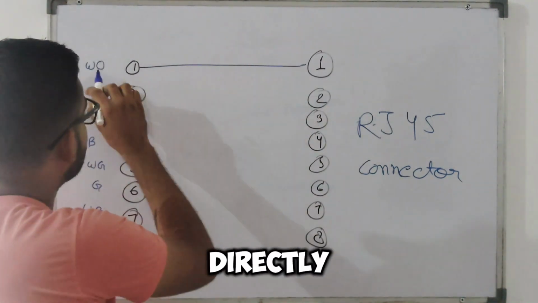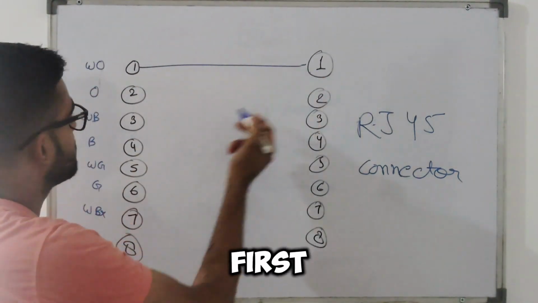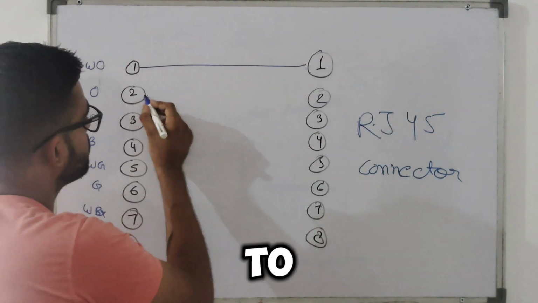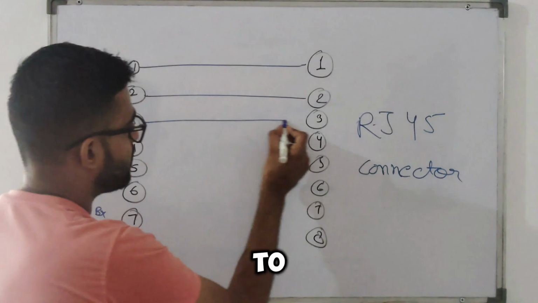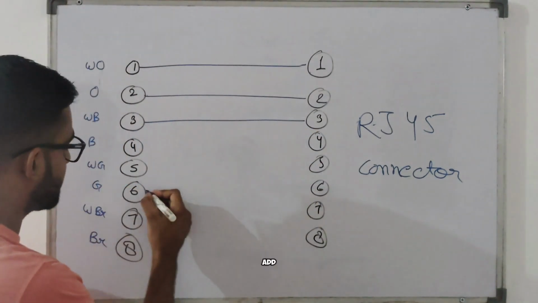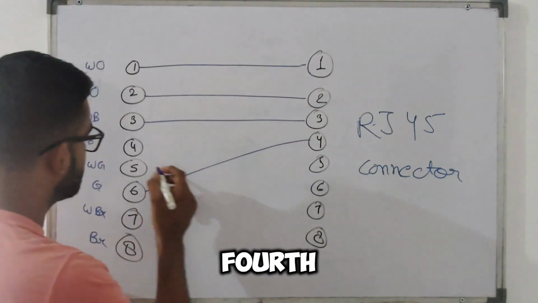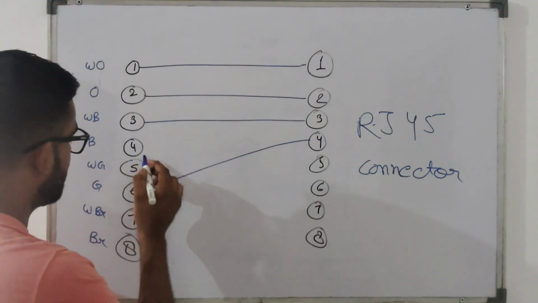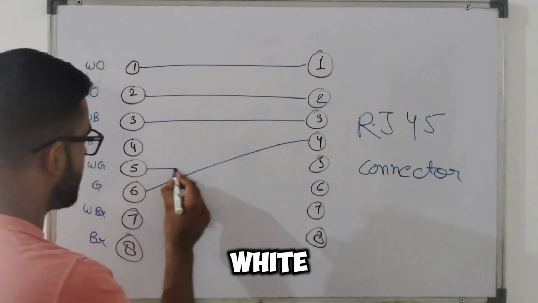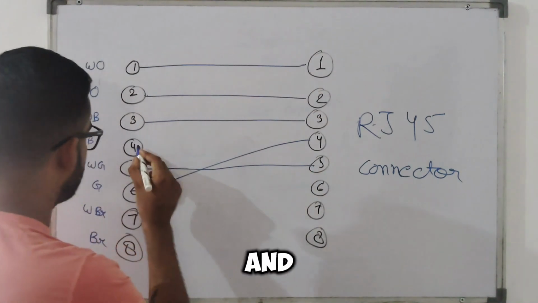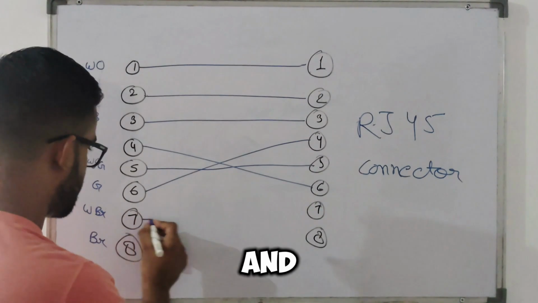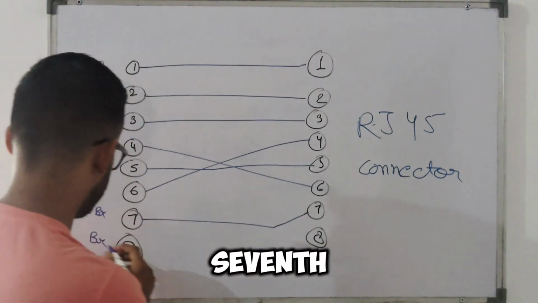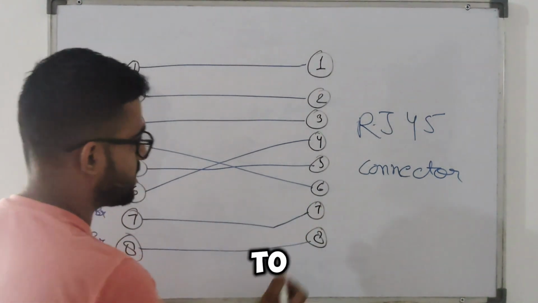When you connect directly, orange to the first, orange to the second, white blue to white blue, and after that green to the fourth, now white green to green, and blue to this, the 7th, and this to the 8th.